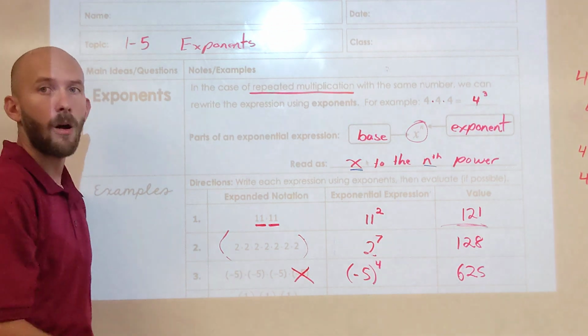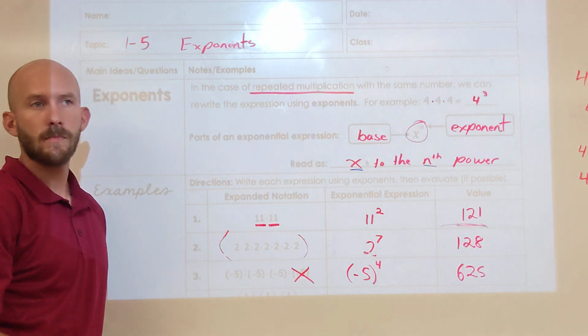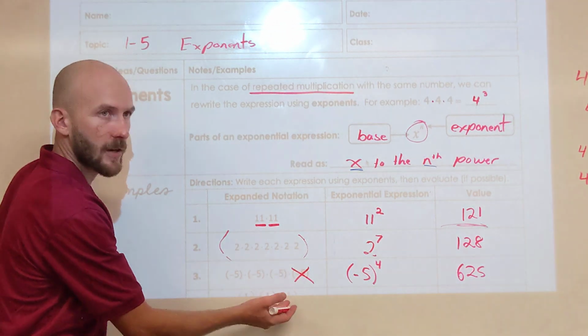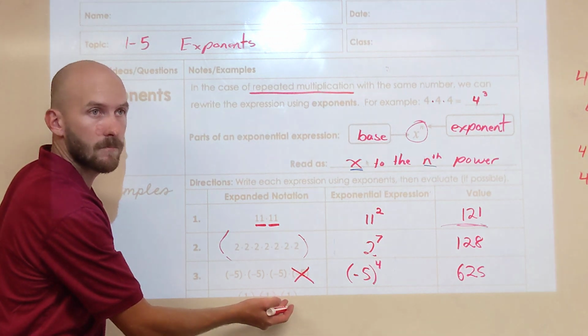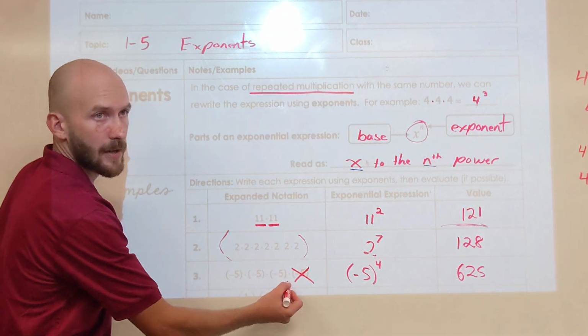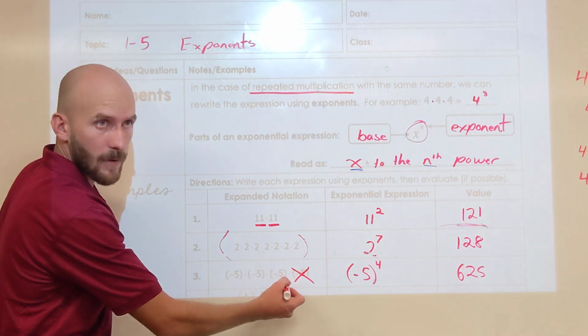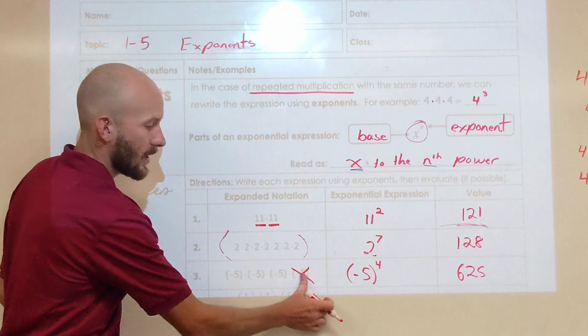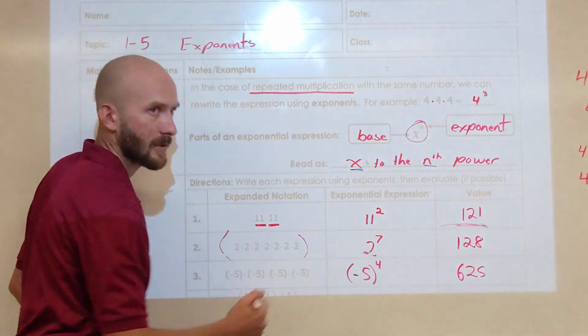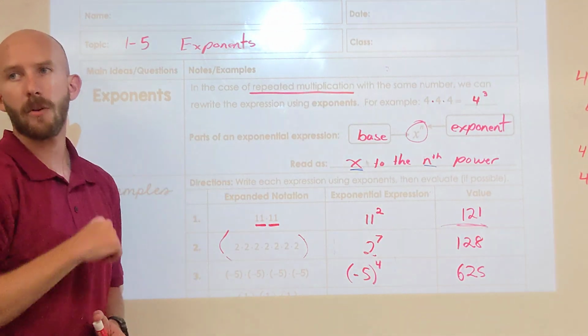Would my answer be positive or negative? Negative, because this would be positive, but then I'd have a negative again. So it'll always work like that. If I have an odd amount, I'll get a negative. If I have an even amount, it'll always be positive, no matter how many there are.